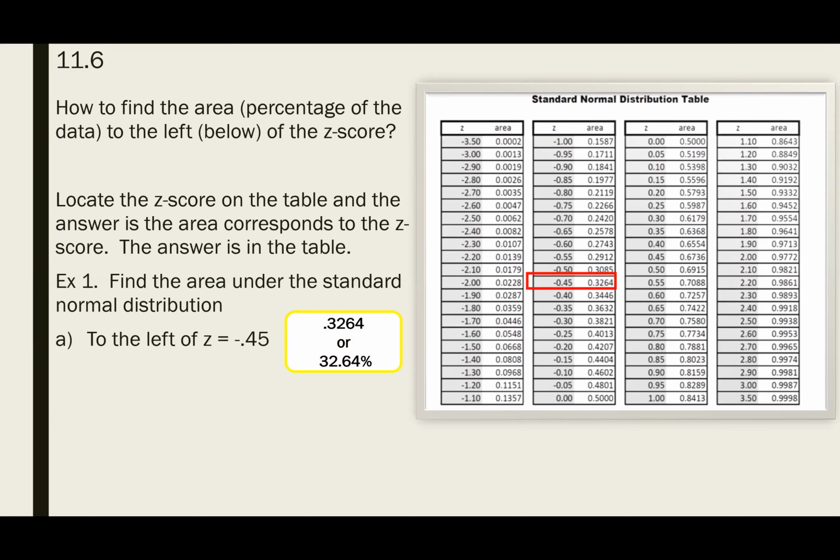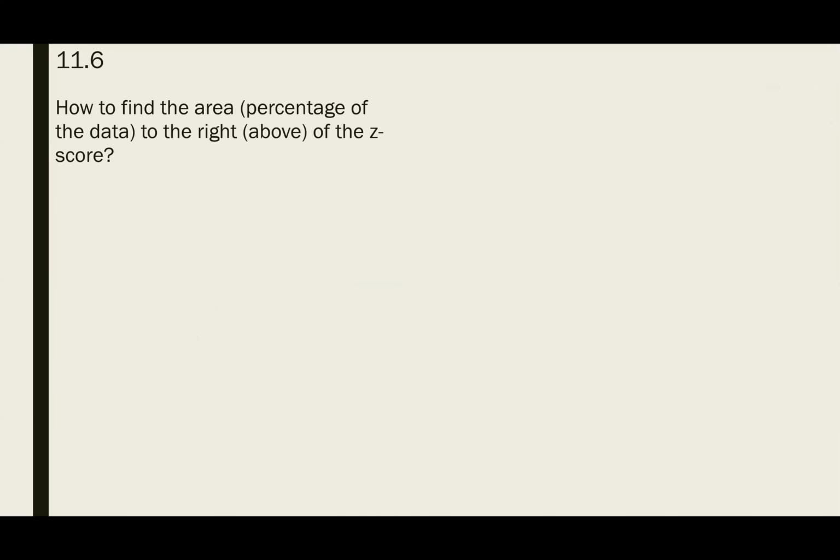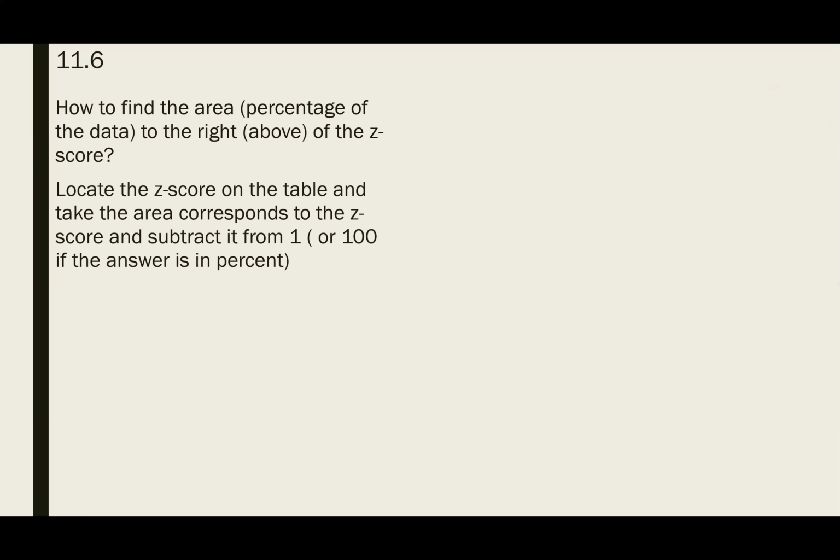All we need to do is find the z-score, and whatever the corresponding value is, that is the area to the left. Okay, so area to the left is easy. We just look at the table, and that's what we have. Now, the complication or the obstacle we have is, what about the area to the right? How do we find the area to the right or above?